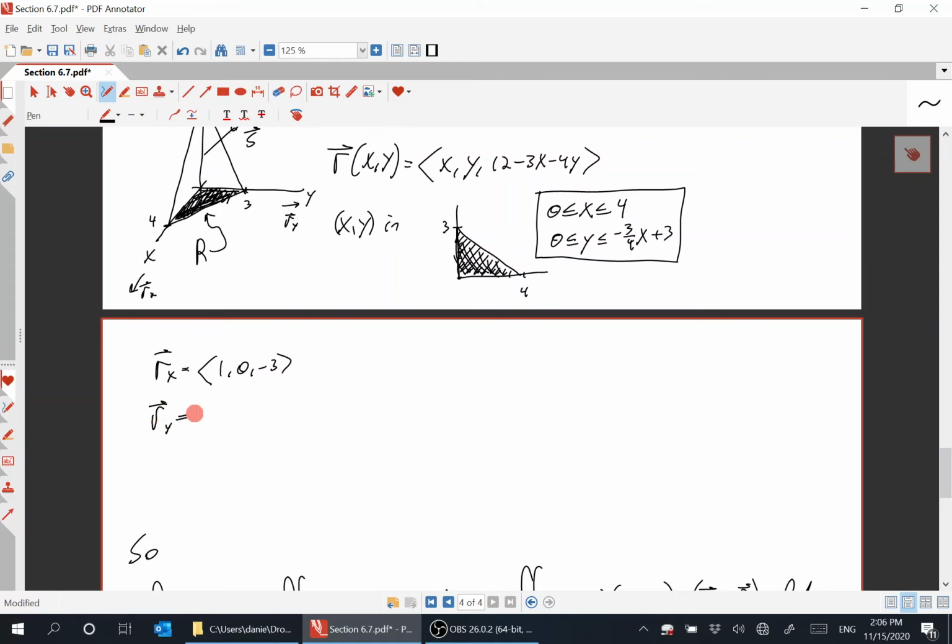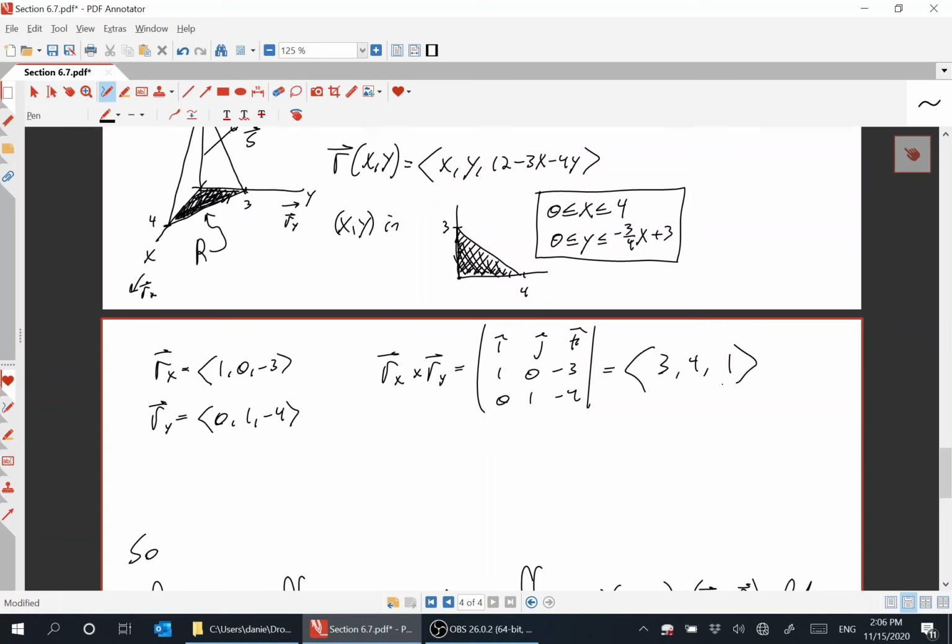Partial of r with respect to y is 0, 1, minus 4. So the cross product r_x cross r_y is, in the i component, 0 plus 3, in the j component, 0 plus 4, and in the k component, 1. So it's 3, 4, 1.